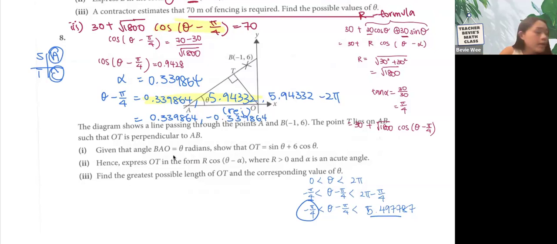From here, can you help me find the value of theta? Because these two values that I found are theta minus pi over 4. Now I want theta. Can you all send me the two values, rounded off to 3SF for radian mode? I want theta equals to what?